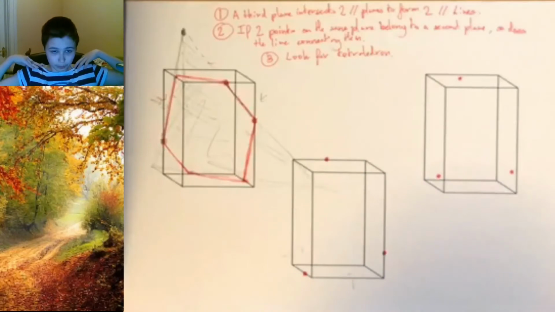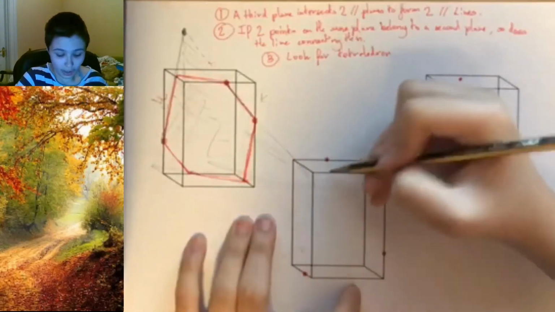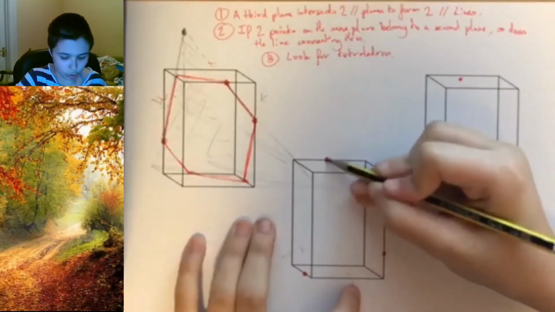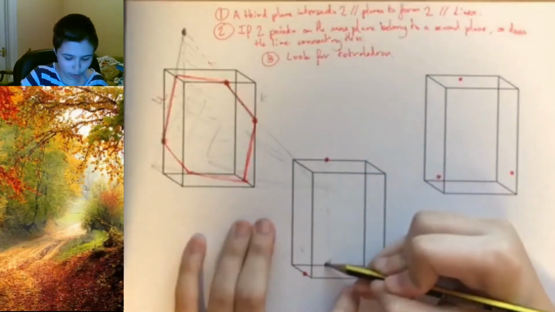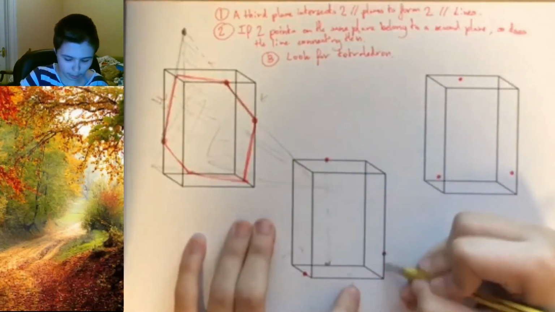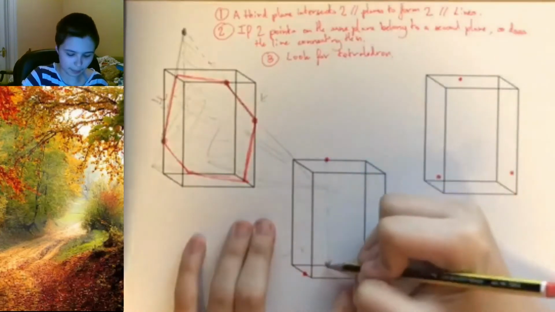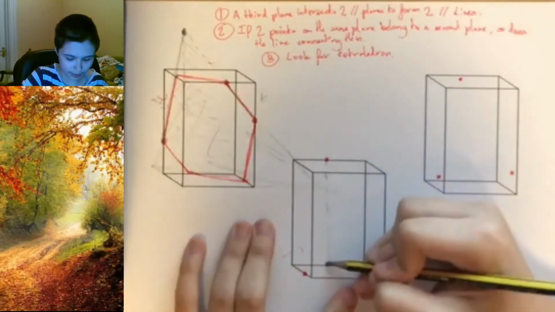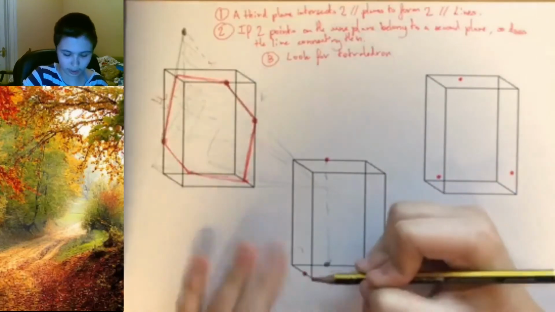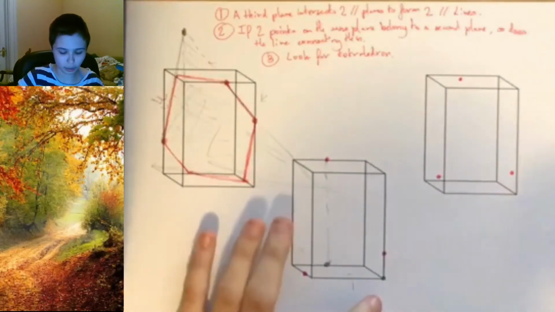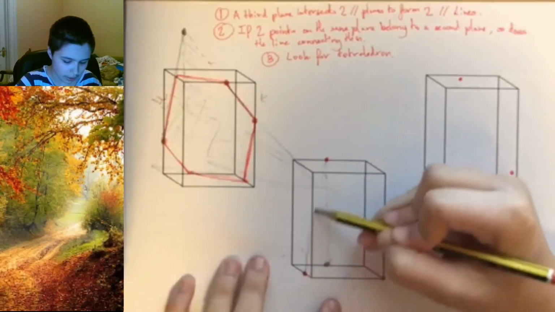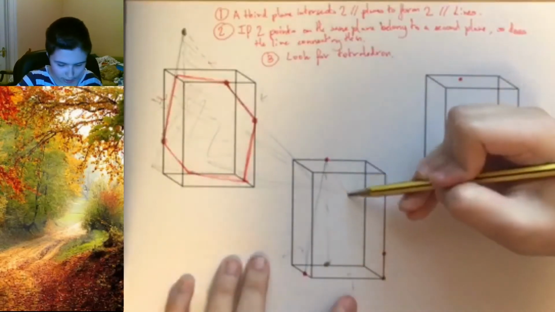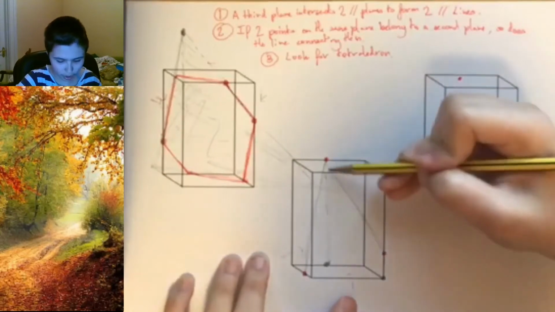So what I suggest you do is draw a projection of each of the points onto the bottom face. Here we have this projection, this projection, and this one doesn't have a projection because it already is on the bottom plane, and then draw a line connecting the top points.